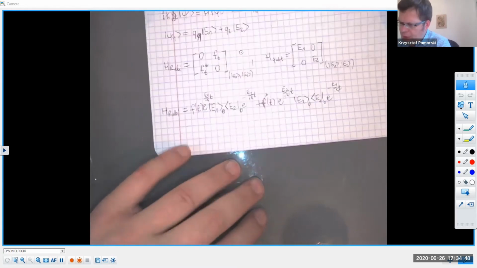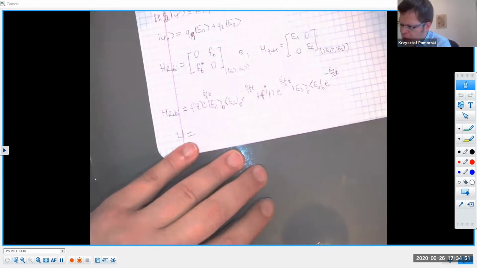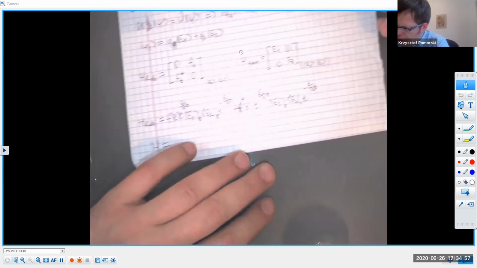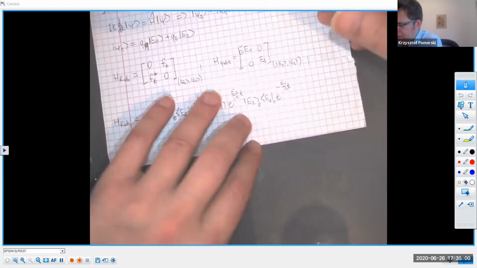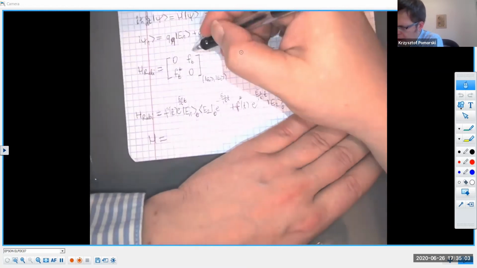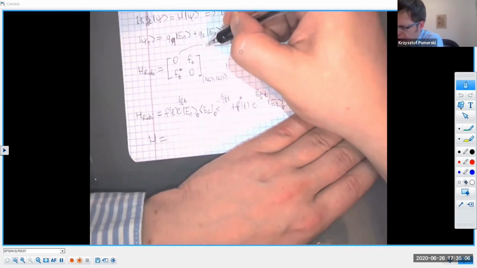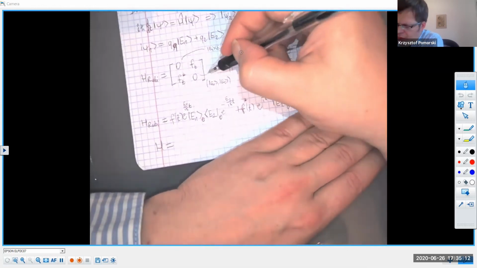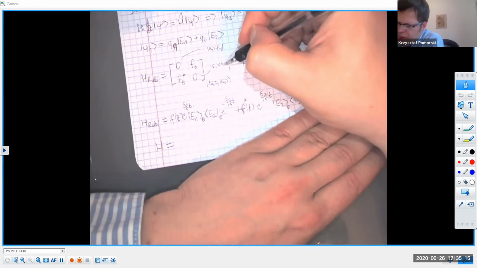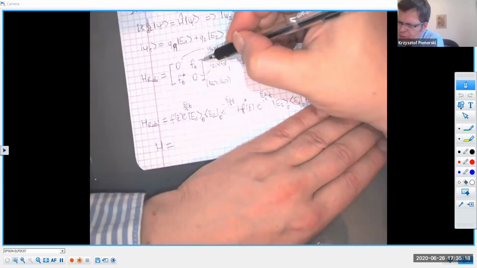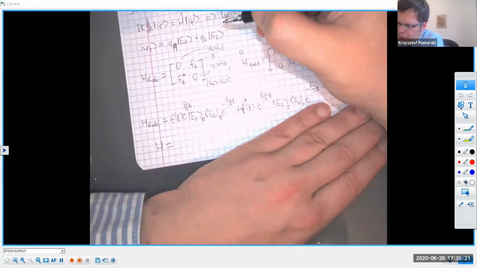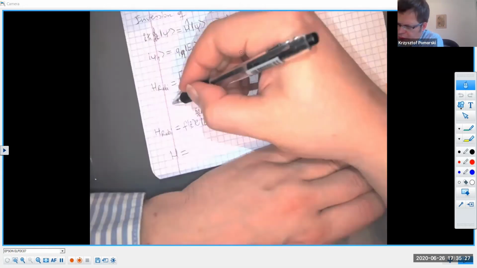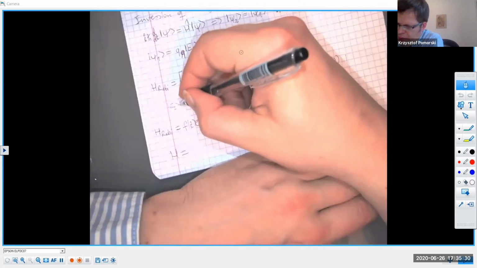So when you move to a description of a position-based qubit, basically if you have such a matrix, this term is proportional to such a value. This term is proportional to such a value, and this one is converting from E2 to E1, and this guy is doing it reversely.